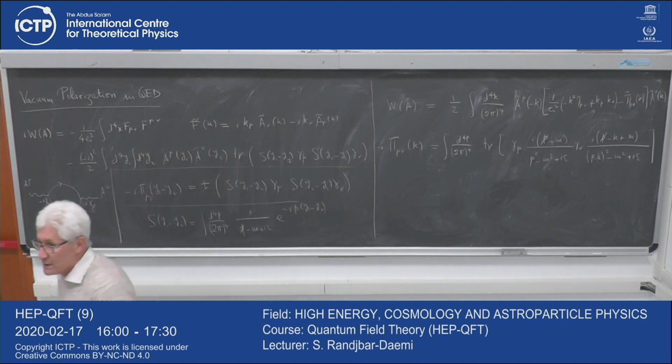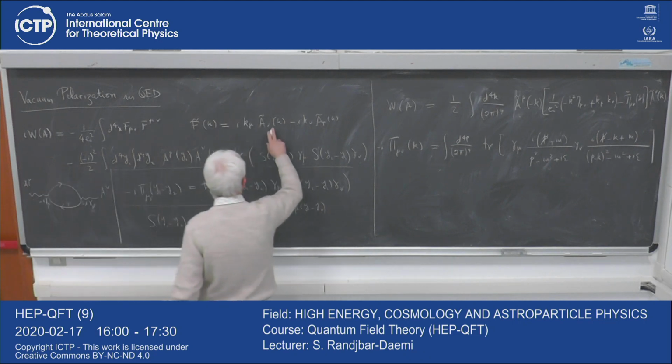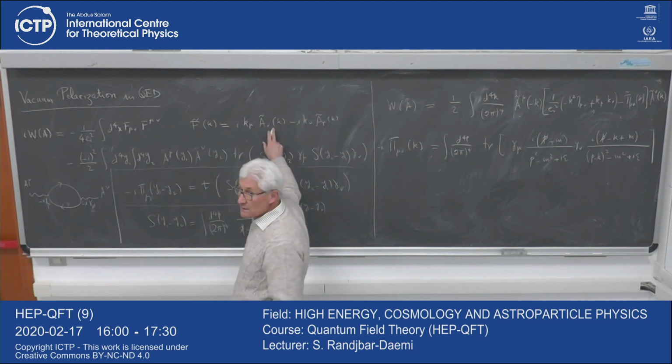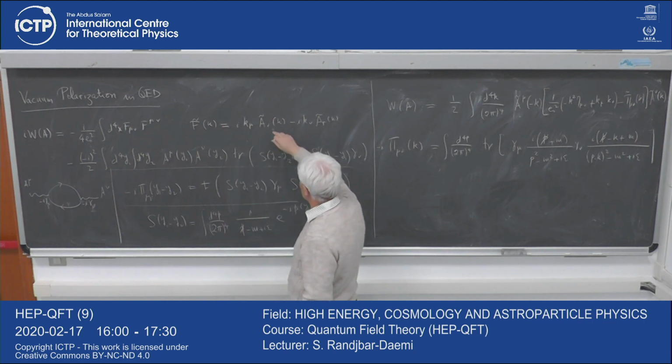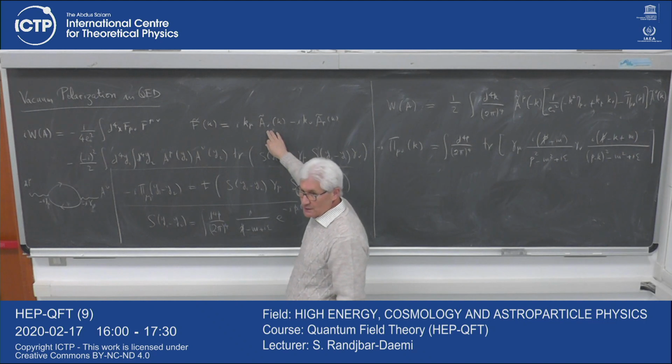Any questions? Actually, A nu of k, is it similar to the polarization of the photon? Sorry? If you take the Fourier transform of the photon field, is it the polarization? I mean the expression A nu of k. Yes, this one? Is it the same as the polarization of the photon? Well, for what I'm doing, it's a background vector field.